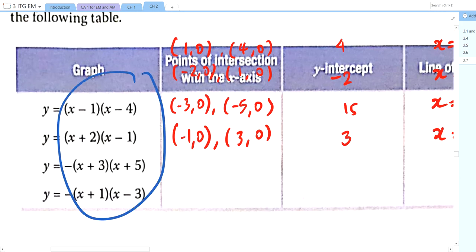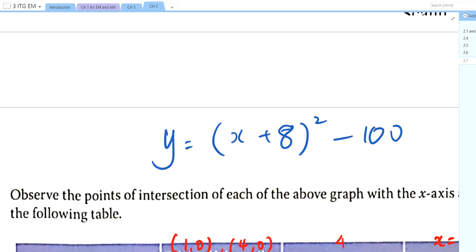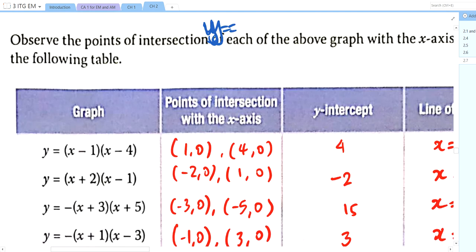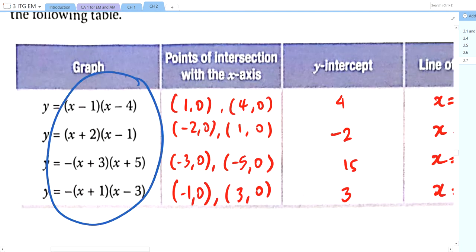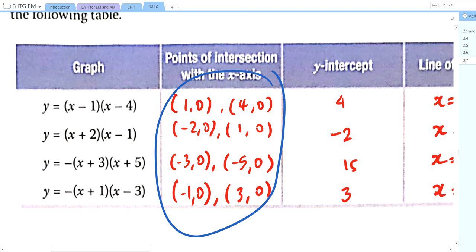Agree? Okay, it is easier to find the x-intercepts if you are given in this form. So straight away, I don't even need my graphing software already. I can easily write out all my x-intercepts.